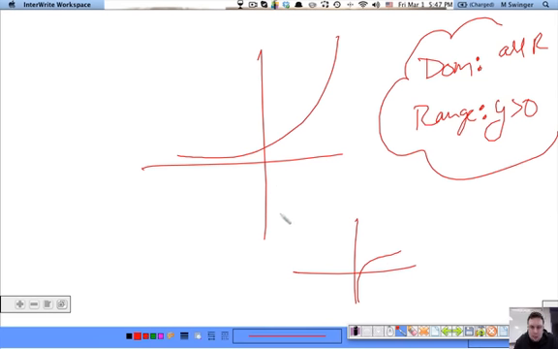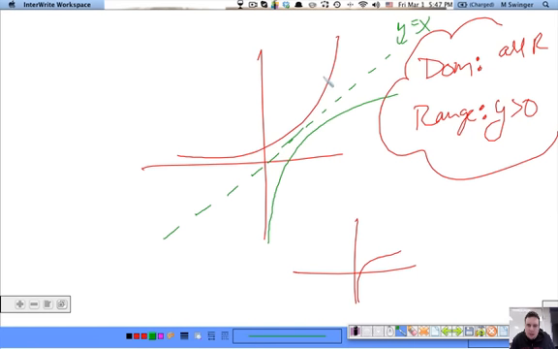Okay? I mean, let's put this picture right here. Check this out. You understand what's going on here? Let me draw this line. Does this make any sense to you? This is the line y equals x. This is reflected over the line y equals x. That means these two are inverses of each other.